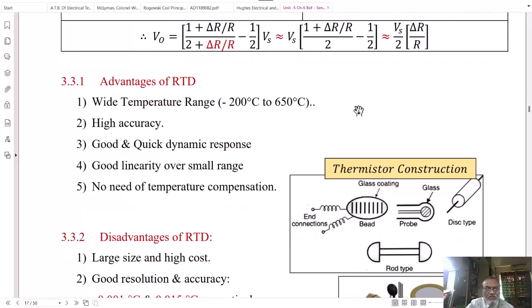Quite quick dynamic response is available with RTD. RTDs have good linearity over a small range of operation. There is no need of temperature compensation while using an RTD, which is essential while using another temperature sensor like a thermocouple.